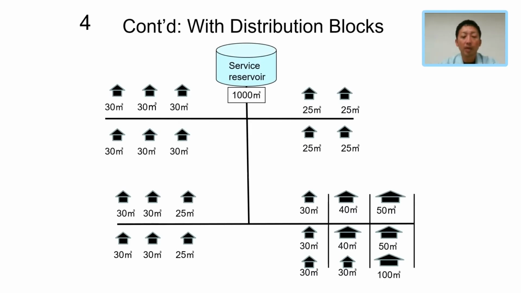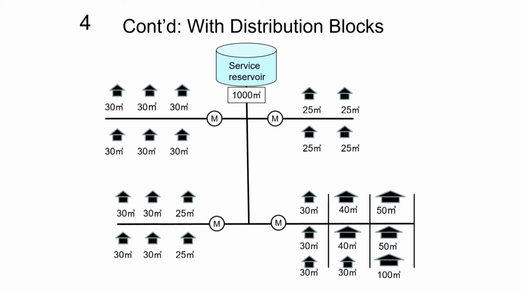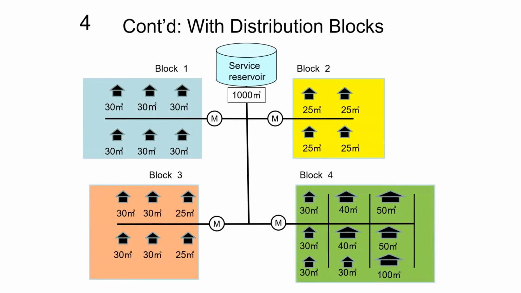What happens then if we establish distribution blocks in the area? Now, block meters or DMA meters are installed at 4 points, and we've established 4 distribution blocks.